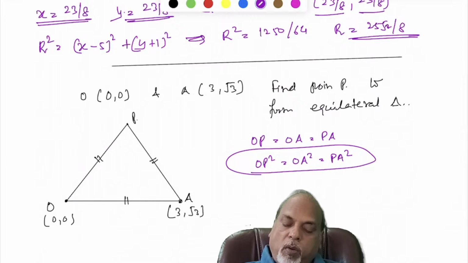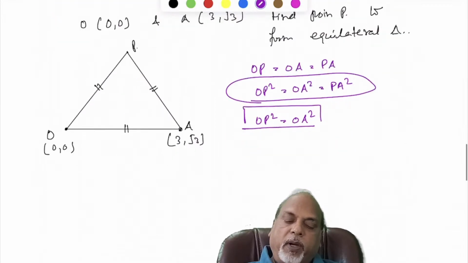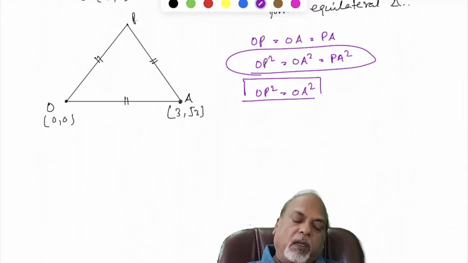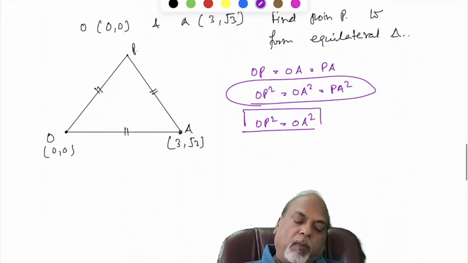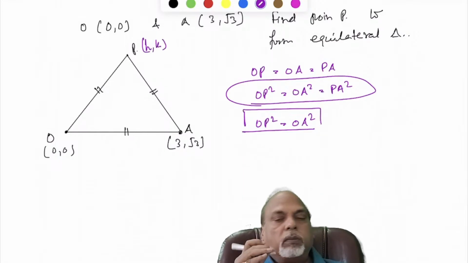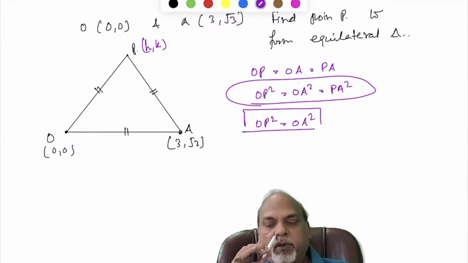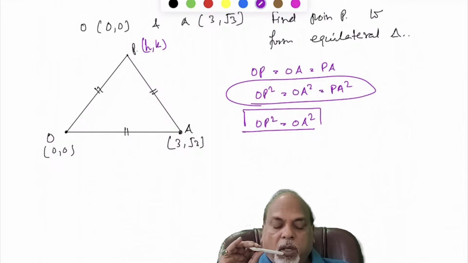Suppose OP square is equal to OA square. Suppose we take this property, and let us say the coordinates of P are H and K. What is OP?